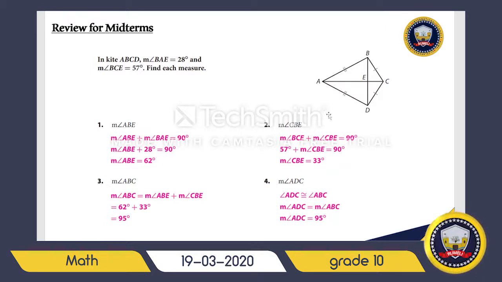Finally, ADC, without any calculation, we know that the opposite angles here in the kite, these two, are congruent. So the measure of the angle ADC is equal to the measure of the angle ABC. So ADC should be 95 degrees.